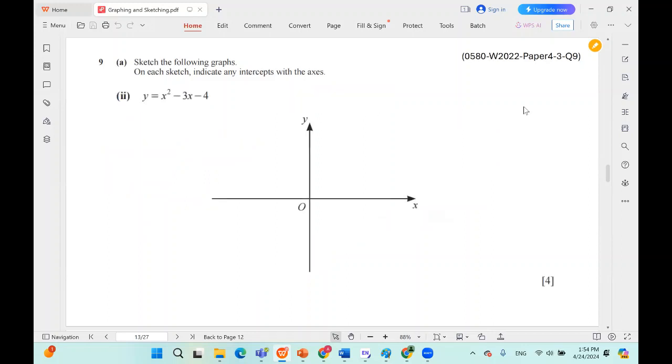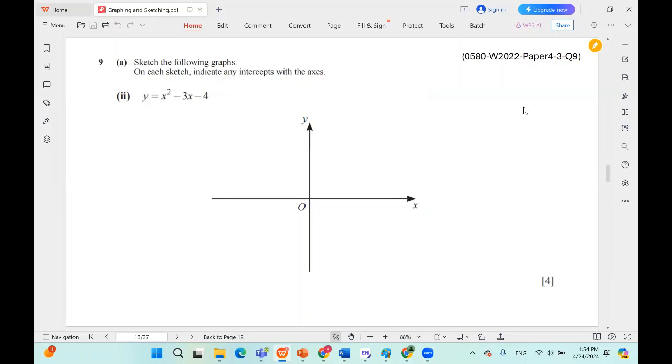Here we need to graph this parabola, y equals x squared minus 3x minus 4. The best and easiest way to graph a parabola is first to factorize to get the roots. You don't have to factorize, you can just use mode 5-3. You need the roots of the equation. So equation solver, and you put in a equals 1, b equals negative 3, and c equals negative 4.